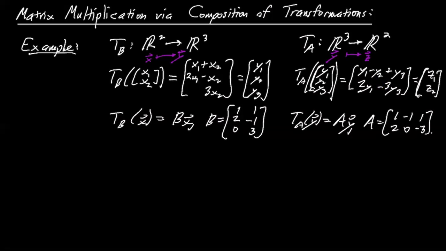And the way I want to think about this is, what if we combine the two transformations? We could actually compose them in either order, because one goes from 2 dimensions to 3 dimensions, the other goes from 3 dimensions back to 2 dimensions. But let's consider the composition.